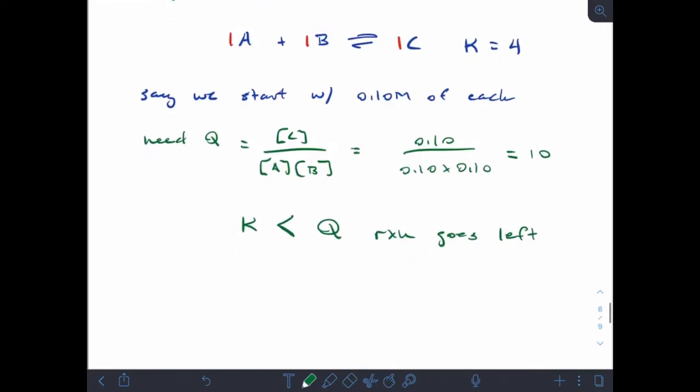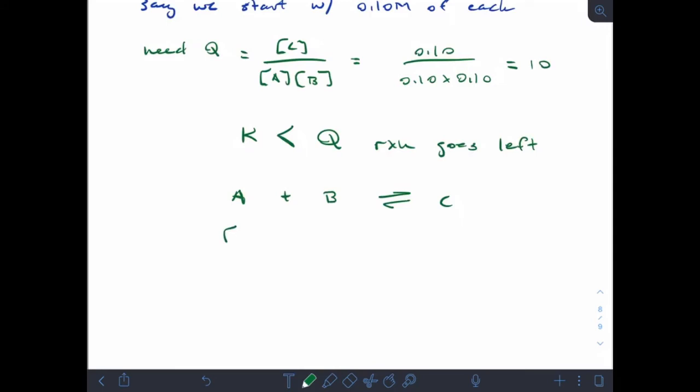Okay? So setting up an ICE table. An easy way to do that is to write out your equation and begin your table directly beneath it. So if I have my reaction equation, I'm going to start right below it.